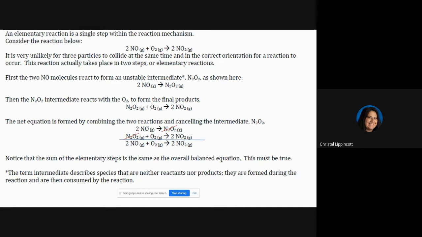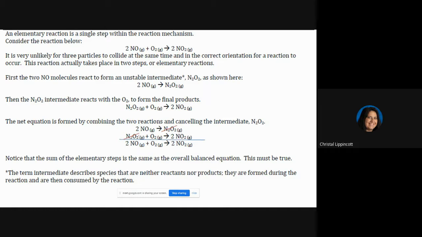The stuff at the beginning forms this, and then that combines with the oxygen to form our final product. The things in between that aren't part of the overall reaction, we cancel out. If it forms here and is used up before the end, that's called an intermediate.